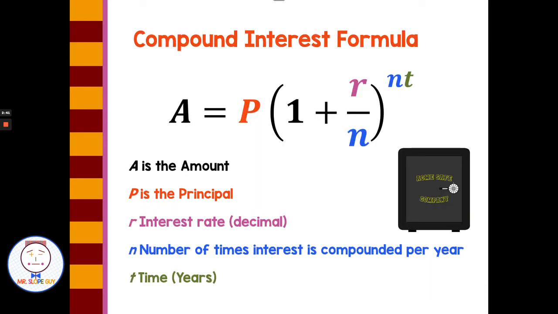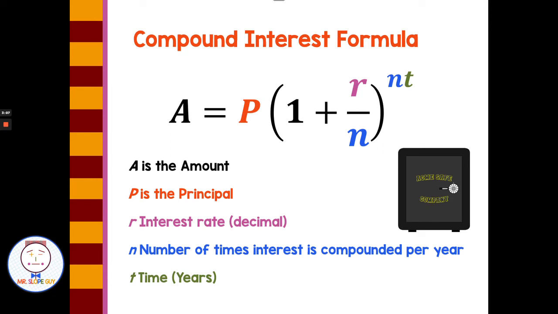So we have this formula. You want to write this down. Pause the video here. This is a very important slide. We have A, the amount, which would be like the balance of our account. P would be the principal. That's the amount of money that we start with, that we borrowed or we're saving. R is the interest rate as a decimal. N will be the number of times the interest is compounded per year.